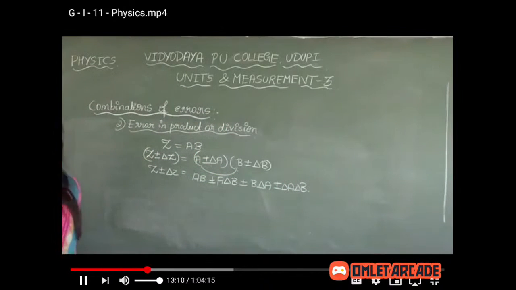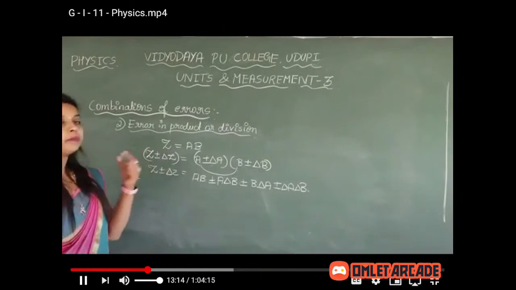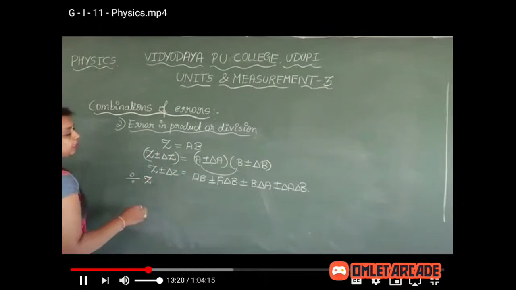So if we divide each term of the equation by Z or AB, what do we get?